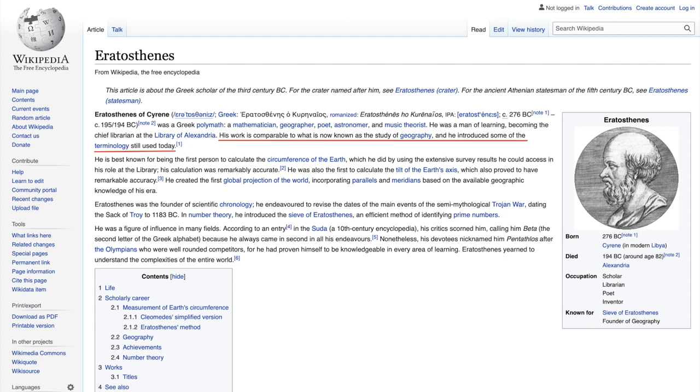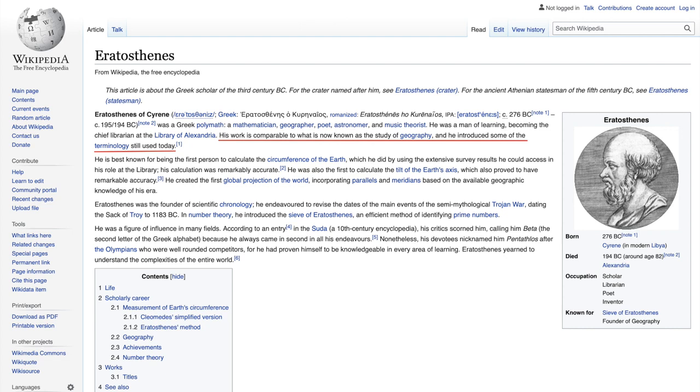He created the first global projection of the world, incorporating parallels and meridians based on the available geographic knowledge of his era. Eratosthenes was the founder of scientific chronology, yada, yada, yada. Look at the bottom paragraph. I thought that was funny. He was a figure of influence in many fields.